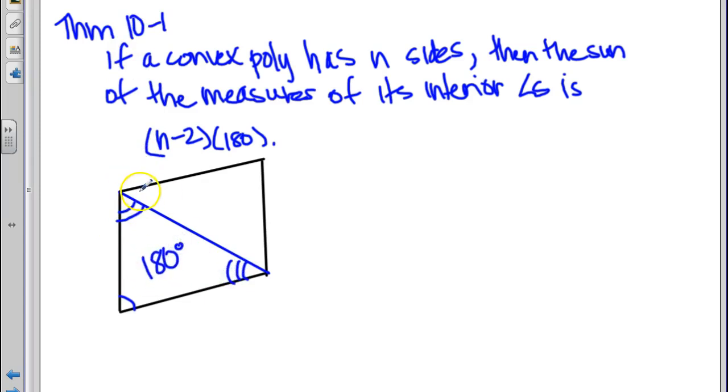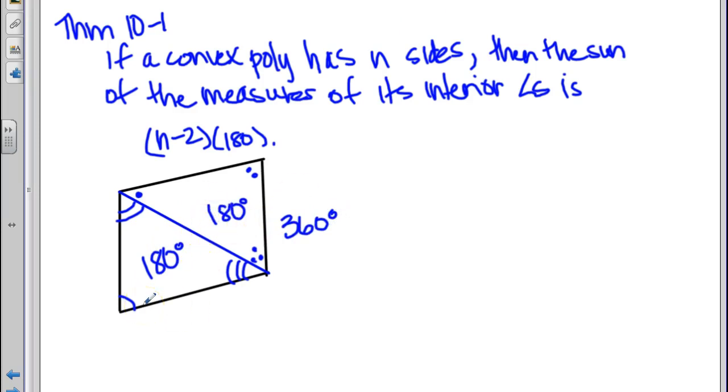I know the angles on the inside of this triangle add to be 180 degrees. So these two triangles put together will be how much? 360 degrees. 180 plus 180 is 360.